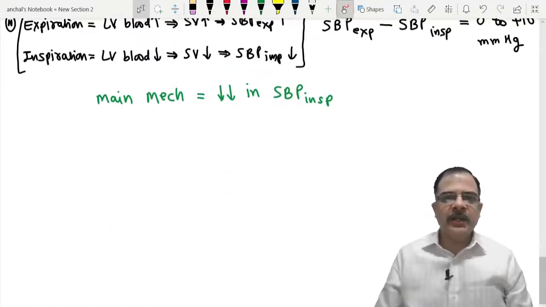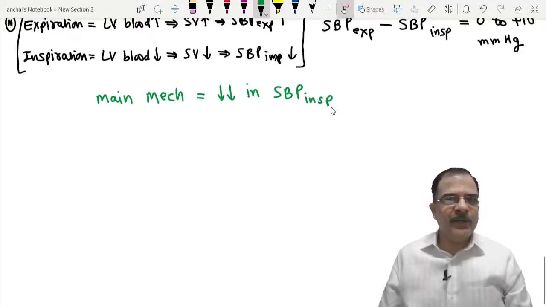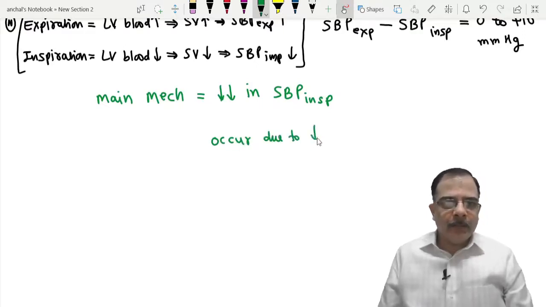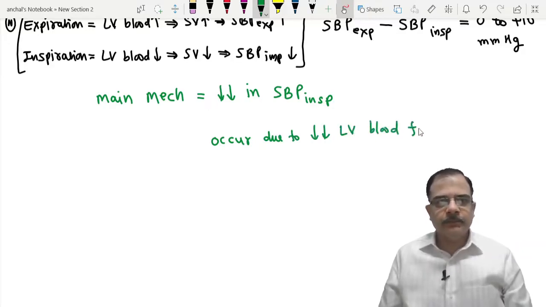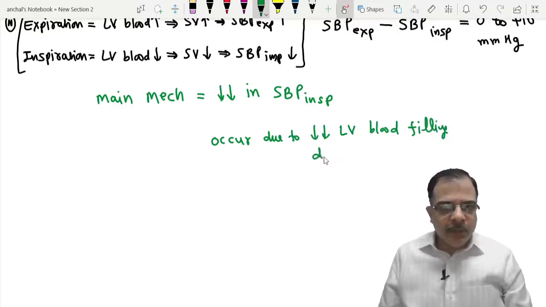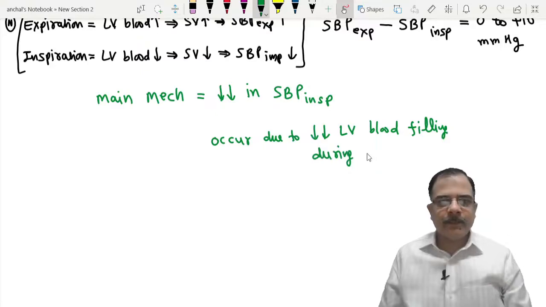A marked decrease in the systolic BP during inspiration, and that occurs due to a marked decrease in left ventricle blood filling during the inspiratory phase.